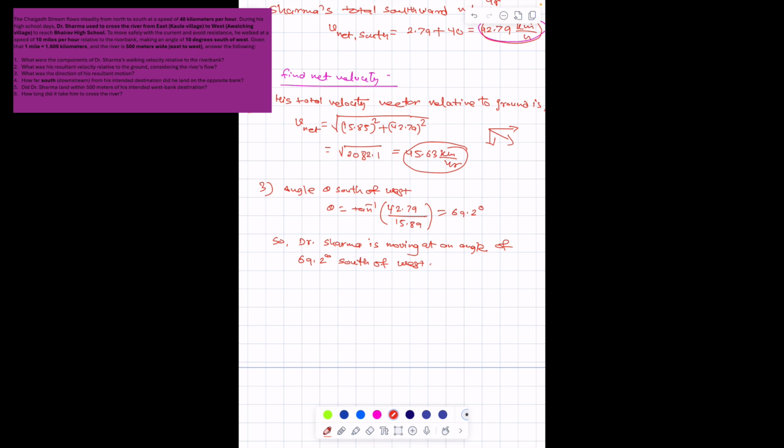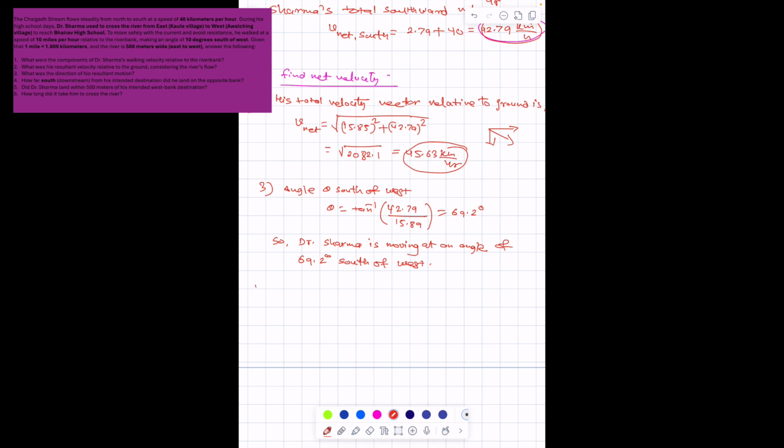So another question is very simple, right? How far south downstream from his intended destination did he land on the opposite bank? Another question, let me write down here.